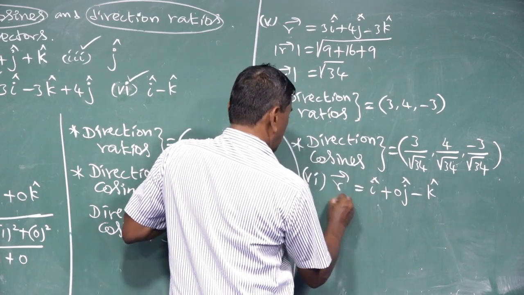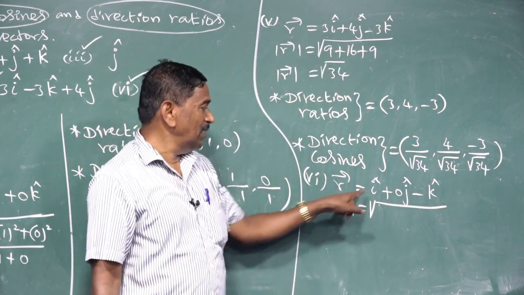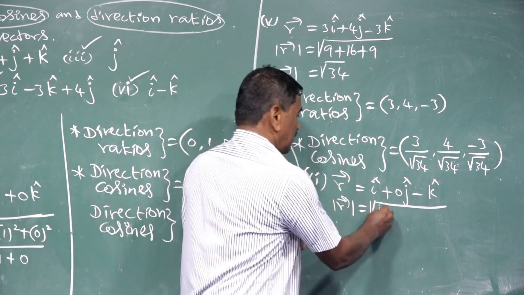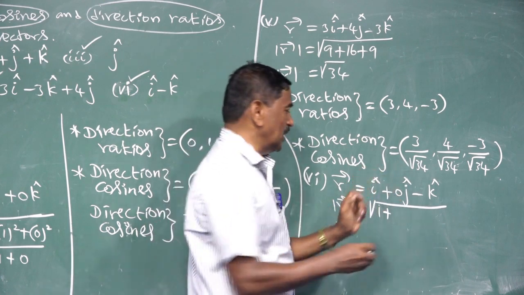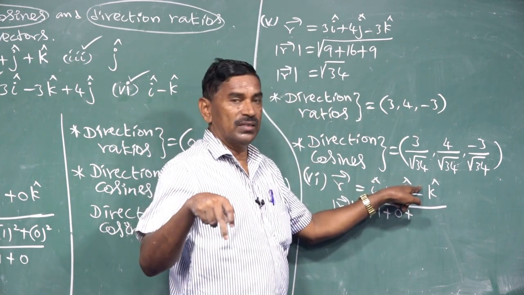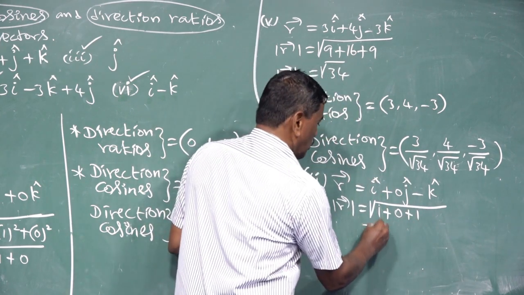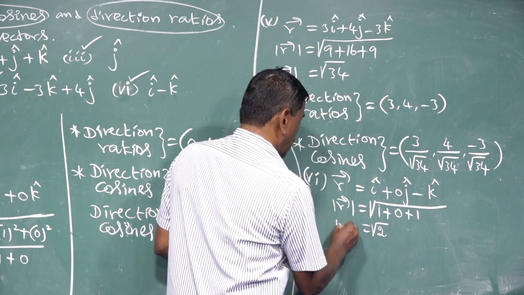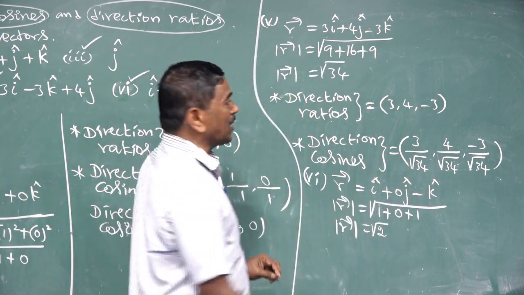Modulus r vector is the square root of 1 the whole square, which is 1, plus 0 the whole square, which is 0, plus minus 1 the whole square, which is 1, which is root 2. So modulus r vector is root 2.